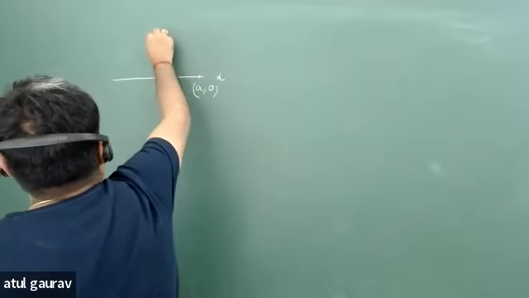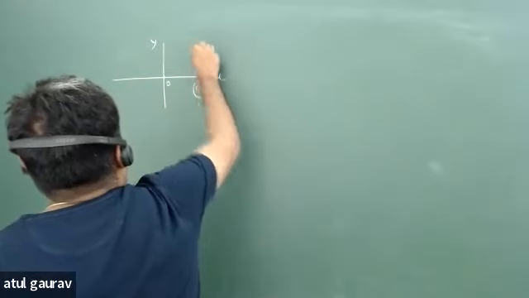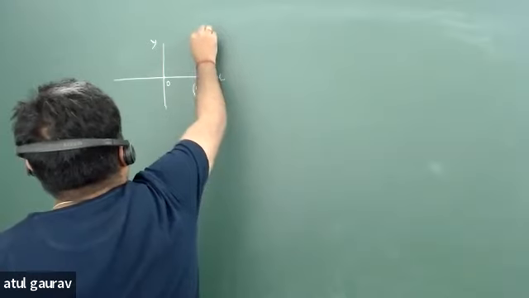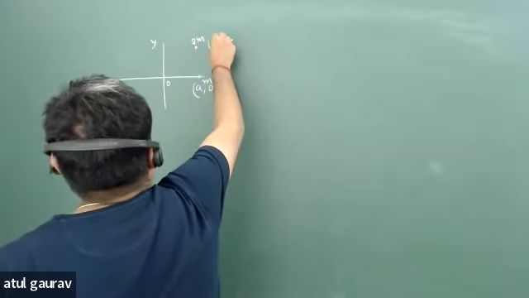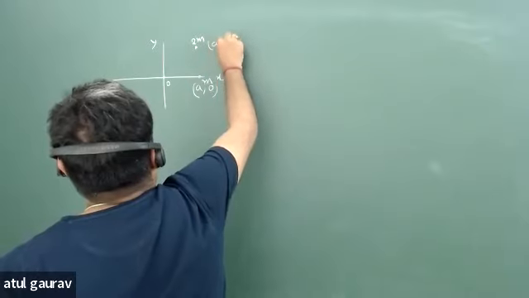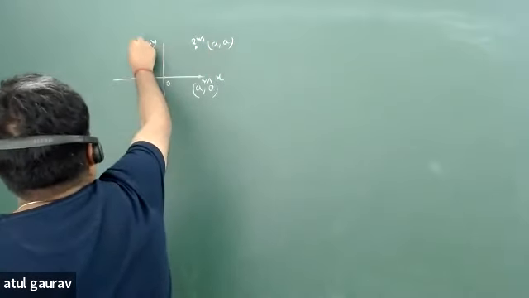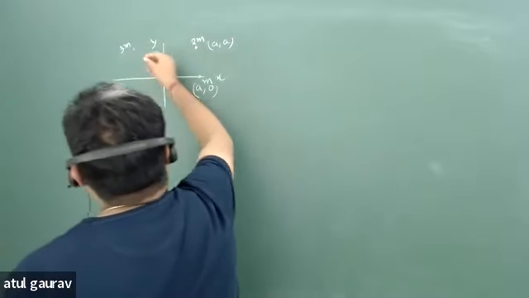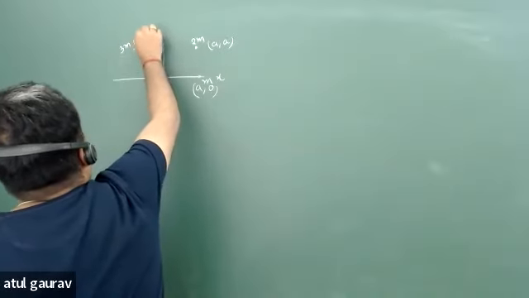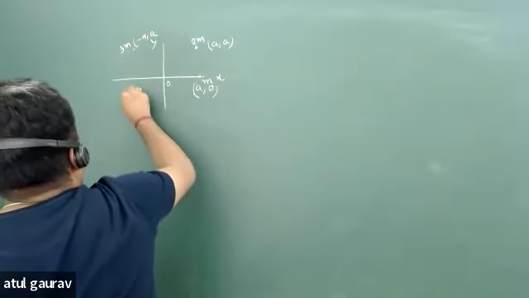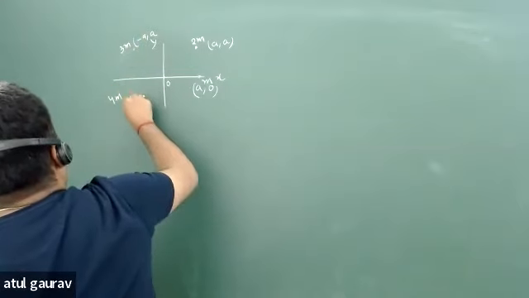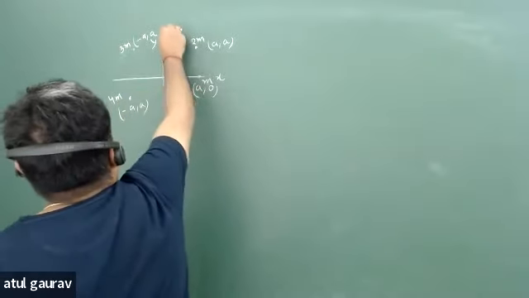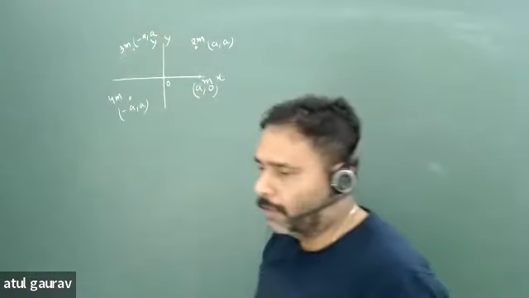This is the x-axis, this is the y-axis. Here mass m is there, and here is mass 2m, and this will be (a, a). There is mass 3m, at something like (-a, a). And there is mass 4m at (-a, 0). So these are coordinates of the xy plane.